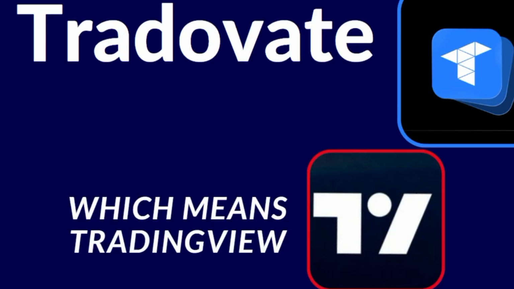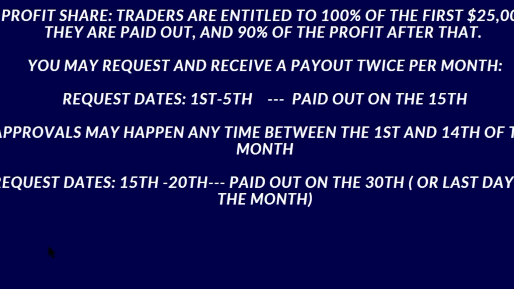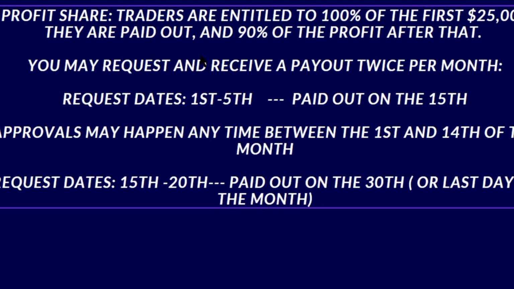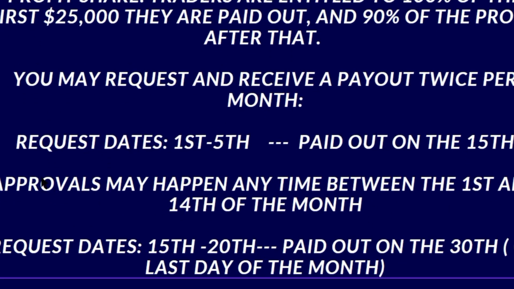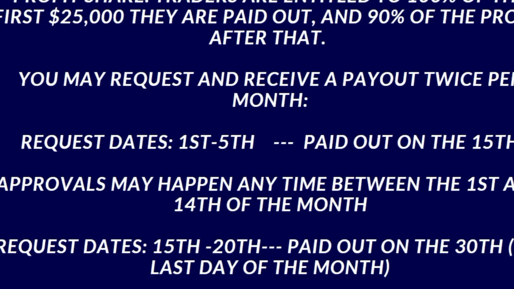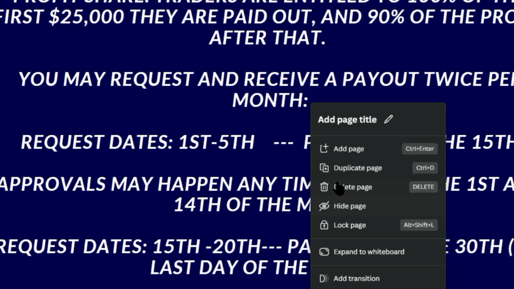Other big thing about Apex that I like is you get to use Tradovate, and then you can connect Tradovate to TradingView, which is dope. Everyone likes them. And this is the part that, when I first found out about prop firm trading, especially with futures, I was like, this is too good to be true. There's no way.